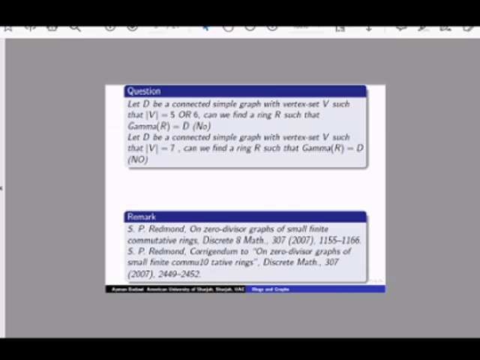If you have a graph with that many vertices, what can I say about the zero divisor graph? And if there is a zero divisor graph that corresponds to the given graph, can you tell me what are the rings? This is a very good question. And that's what makes the subject more interesting.